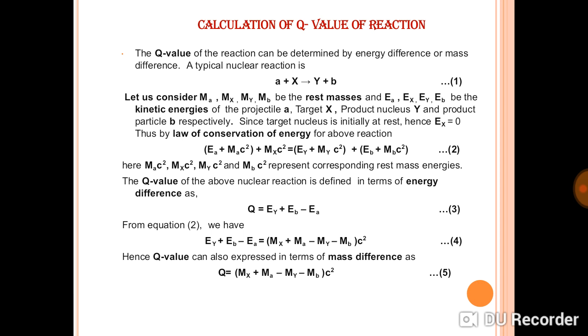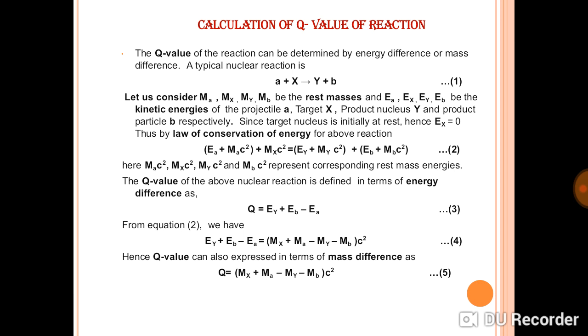Thus, by the law of conservation of energy applied to equation 1, the total energy of reactants is equal to the total energy of products. The total energy contains kinetic energy and rest mass energy.